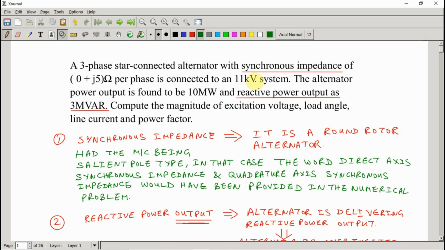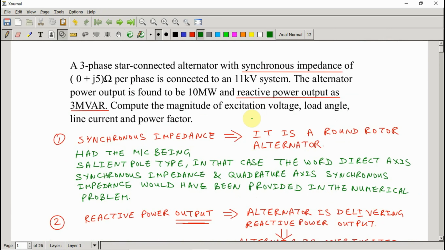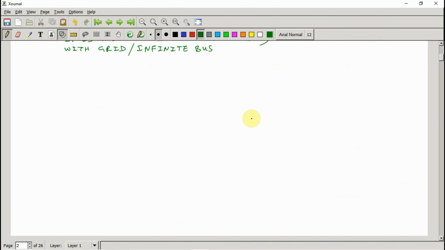That means it is overexcited, and when an alternator connected with the grid is overexcited, it operates at lagging power factor. So, taking that into consideration, we will draw the phasor diagram of an alternator connected with the grid, operating at lagging power factor.